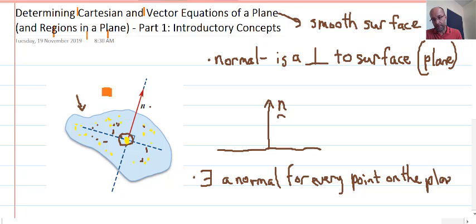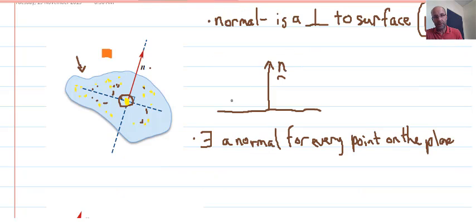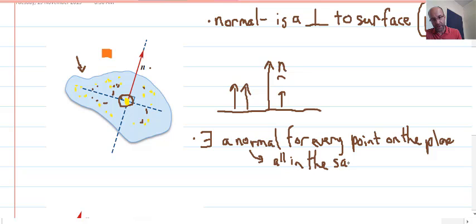Okay, fair enough. So going back to our little profile, all of these other normals coming out are all in the same direction, aren't they? Yeah, that might be important, because some of our previous studies talked about this idea of direction vector. And direction is important in general when we're talking about vectors, so we'll make note of that.